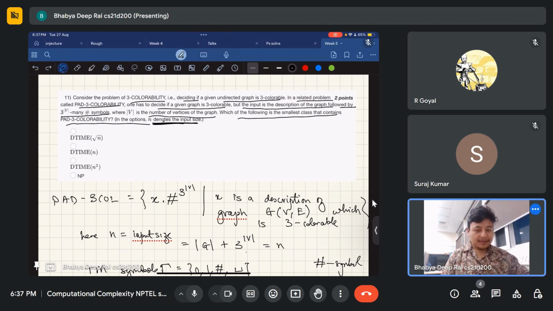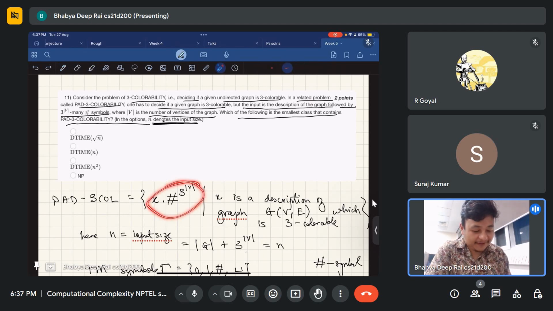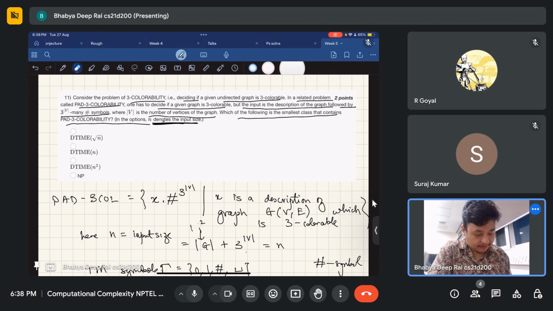So the idea here is as follows: we've inflated the input by a lot. Representing G as an adjacency matrix is something like order V squared.